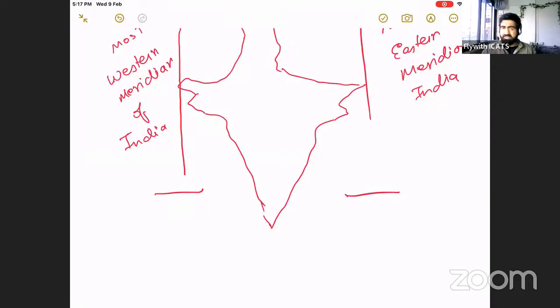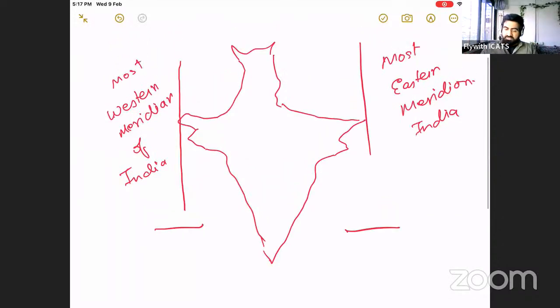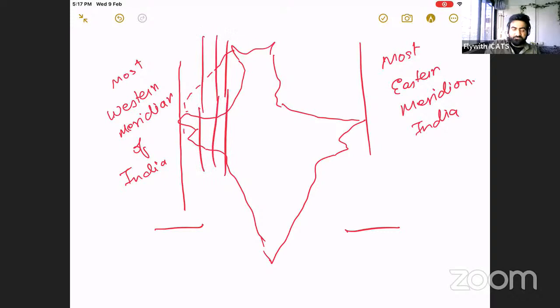Talking about LMT, LMT is to do with the meridian over that place. Standard time is assuming the same time over a long stretch of meridians following in a country, right? In this case, if you see a neighboring country like Pakistan over here, some of the meridians that pass through Pakistan are passing through India also. Pakistan follows a different standard time, India follows a different standard time.